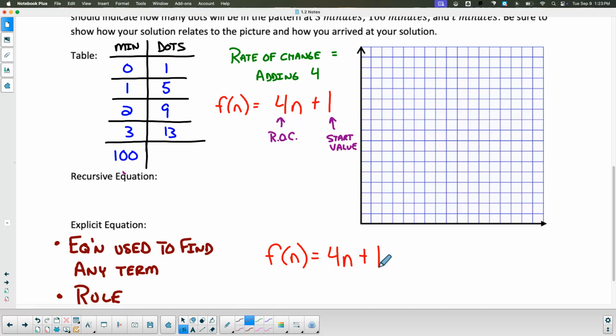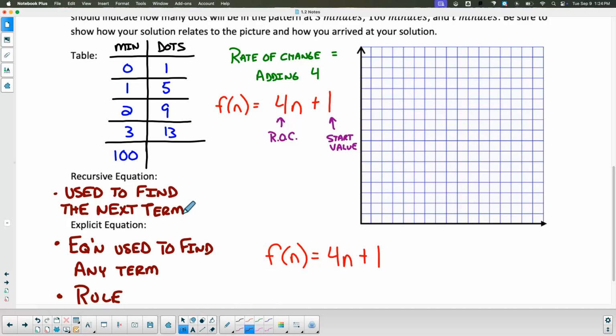The recursive equation is used to find the next term. So with the recursive equation, you can only get the next term out of it.